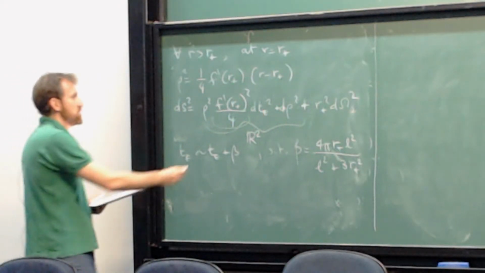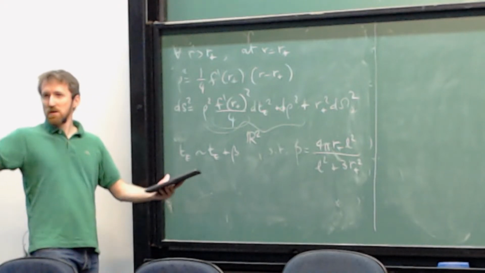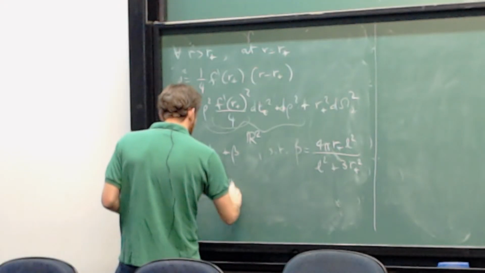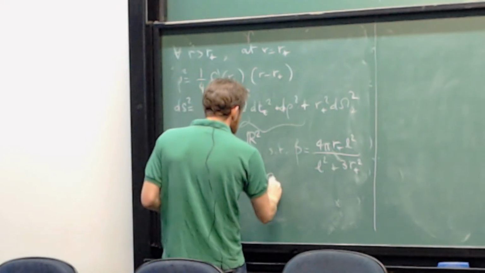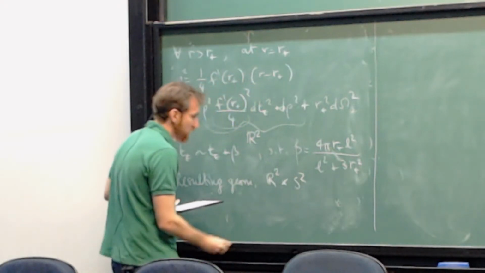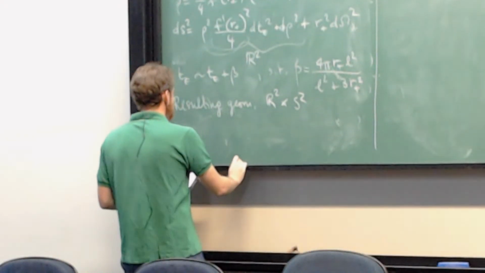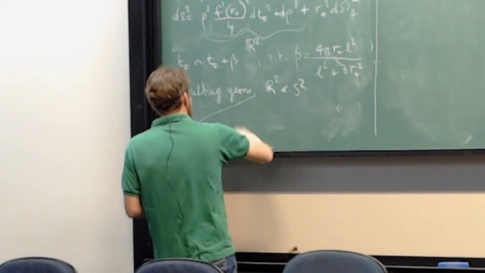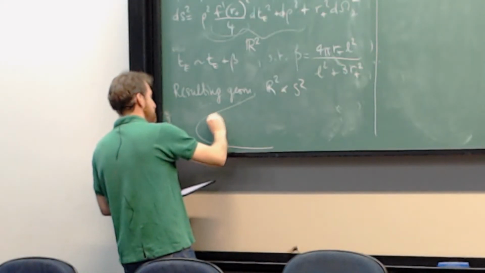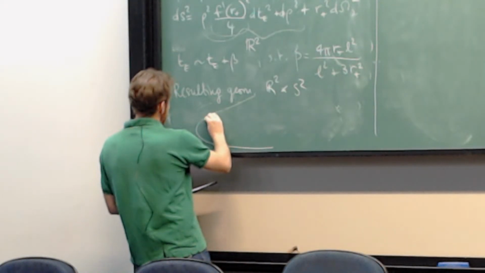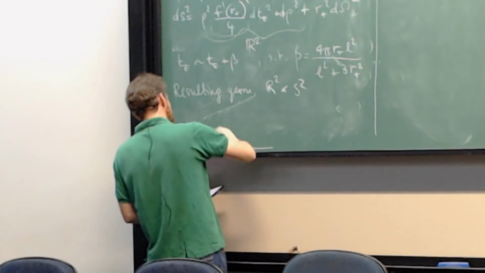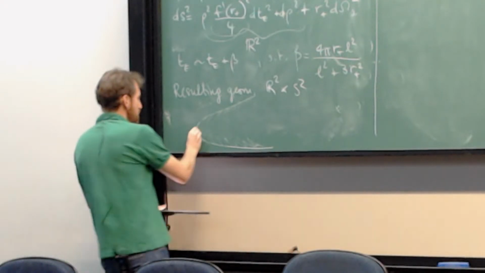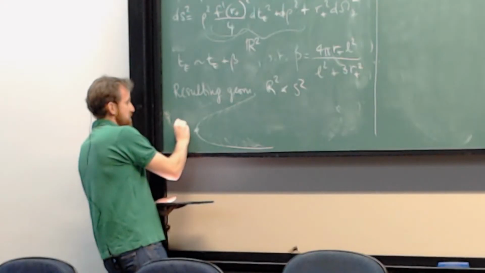The resulting geometry overall is an R2 times S2, where the R2 is kind of like this. It's like a cigar. It's something that opens up. This is r equal to r plus.